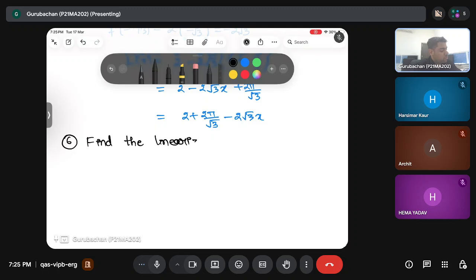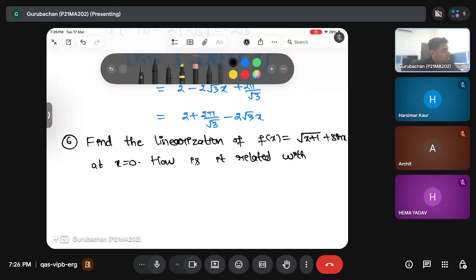Find the linearization of f(x) equal to root of x plus 1 plus sin x at x equal to 0, and how is it related to the individual linearizations of root of x plus 1 and sin x.